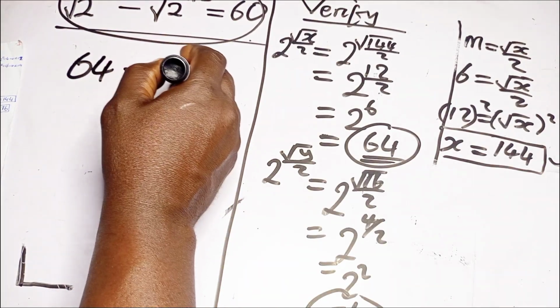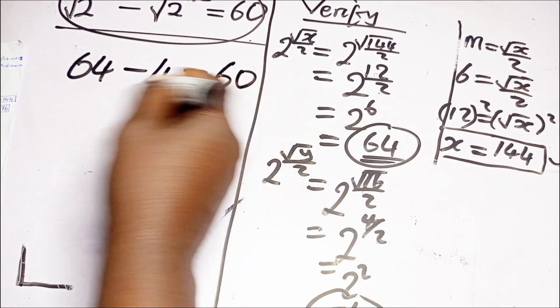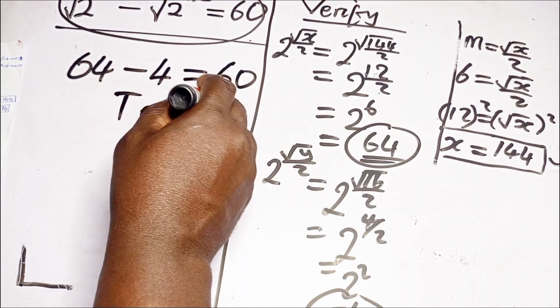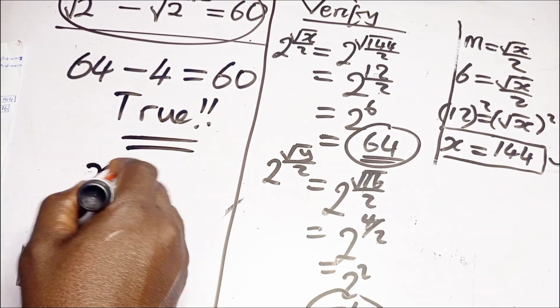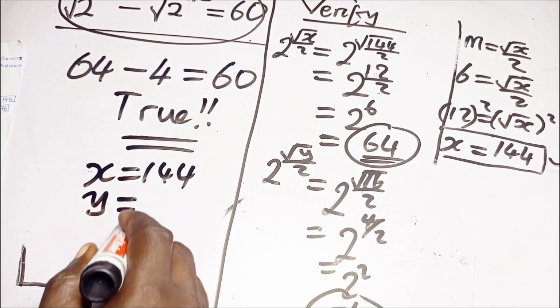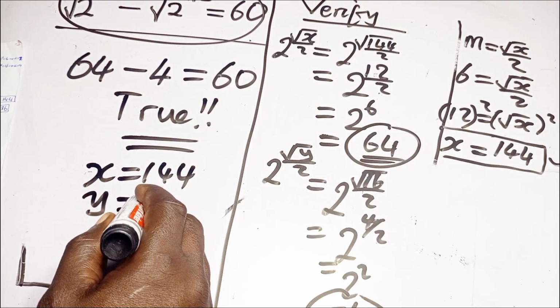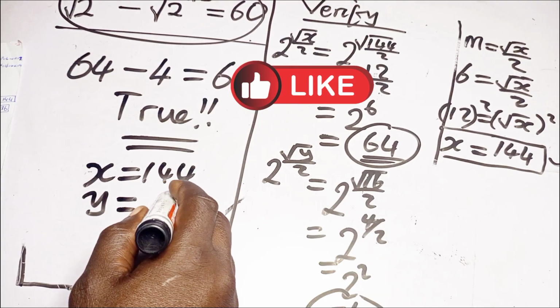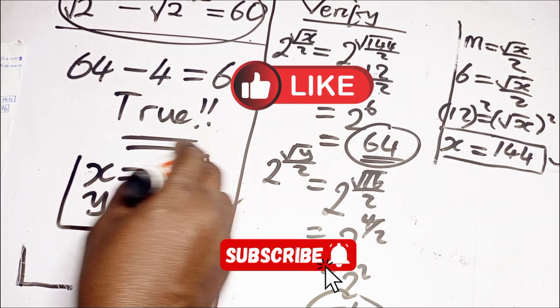Do we have 64 minus 4 equal to 60? True. Therefore, our solutions x equals 144 and y equals 16 are valid solutions.